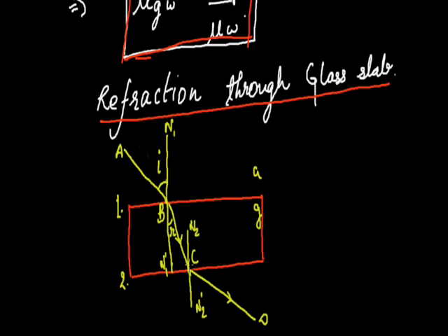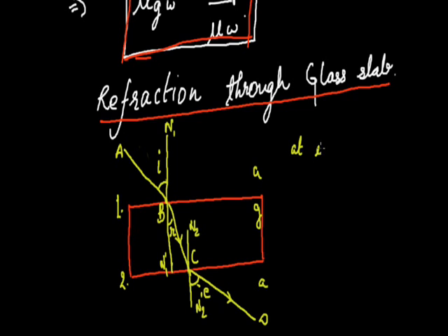So the ray CD, after undergoing refraction, bends away from the normal when it again enters the air from the glass, as air is a rarer medium than glass. So here the emergent ray which emerges out from the glass slab, we say that this angle of emergence is e. Now again, when we have the refraction at interface 1 and interface 2, Snell's law should be obeyed by the two processes.